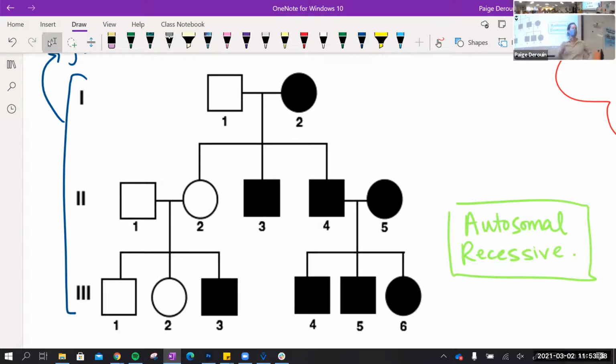And it's not like 4 men, 4 women, check, autosomal, and 3 and 3 is wrong, or 3 and 5 is wrong. It's like if it's close, good enough. If it's really, really not close, which you'll see in a minute when we do the X-linked one, then you'll know. But if men and women have it, it's autosomal.